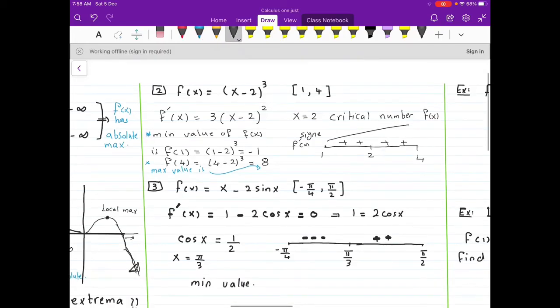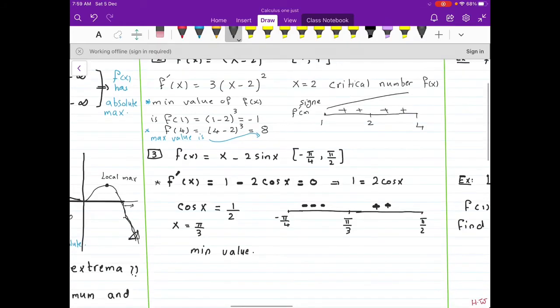If we define f(x) = x minus 2 sin x on the interval [minus pi over 4, pi over 2], surely this function is continuous on a closed interval, so f(x) has absolute extrema. That means it has an absolute max and minimum.